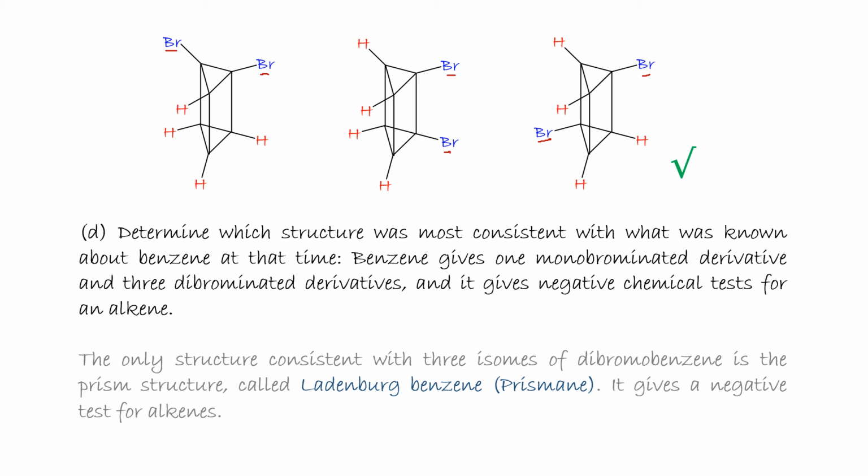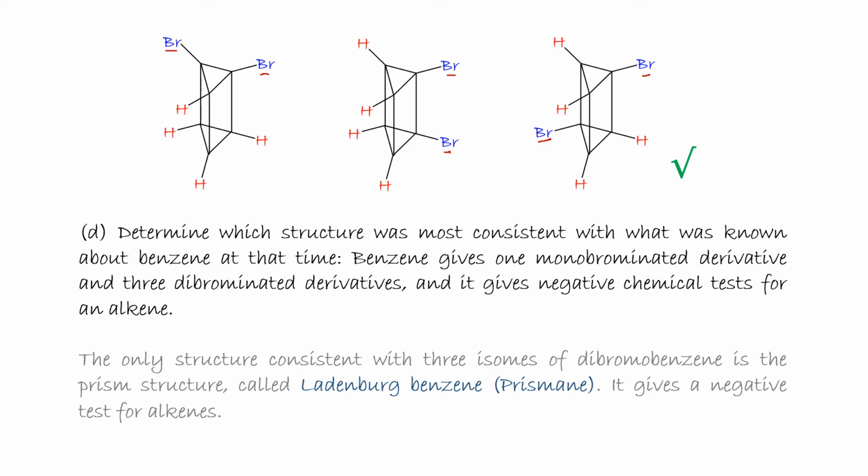Determine which structure was most consistent with what was known about benzene at the time. Benzene gives one monobrominated derivative and three dibrominated derivatives, and it gives a negative chemical test for an alkene.